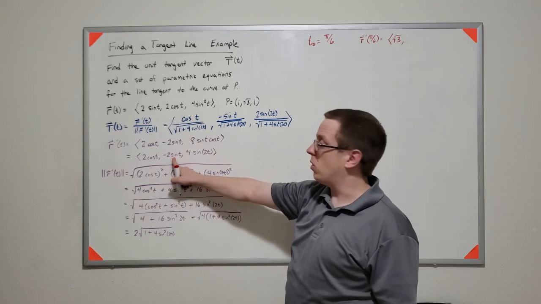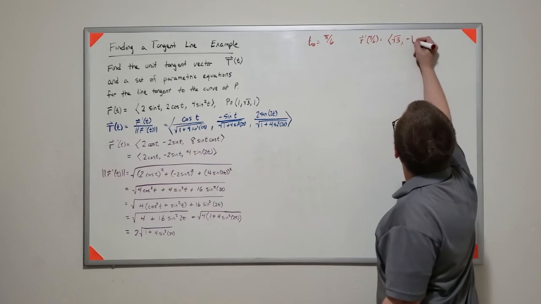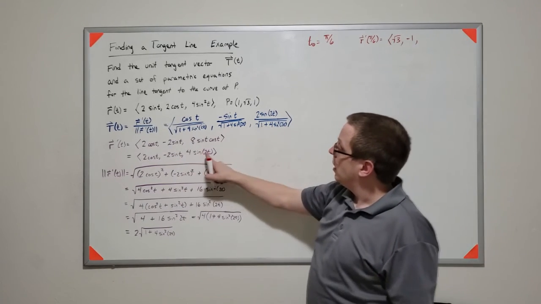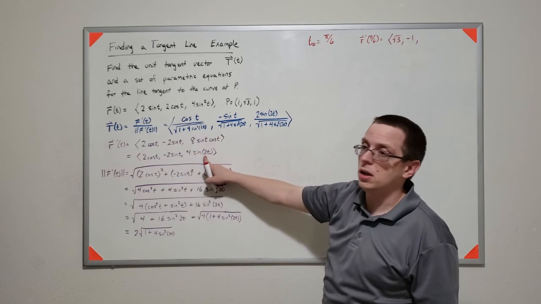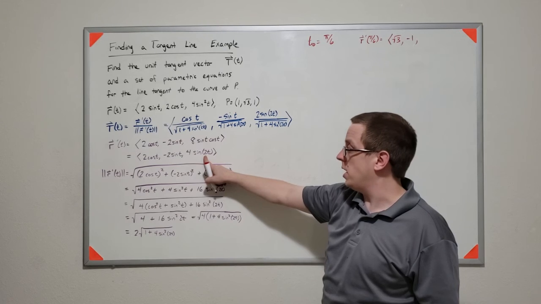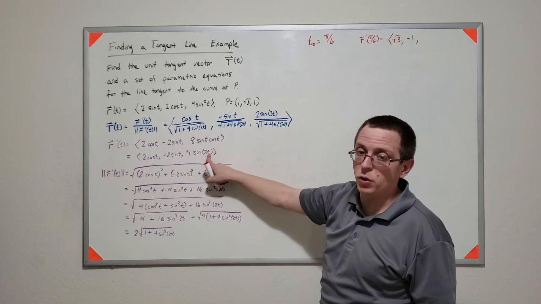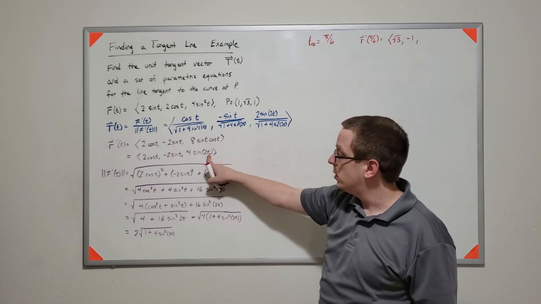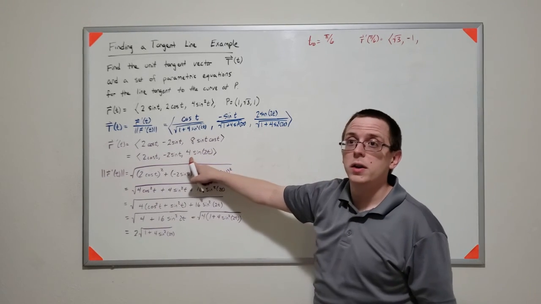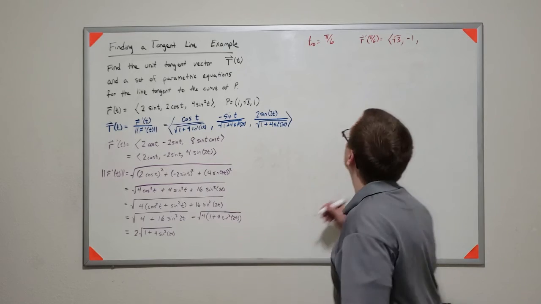Sine of pi over 6 is 1/2 times negative 2 is negative 1. And this is for sine of 2t. If t is pi over 6, 2t is pi over 3. Sine of pi over 3 is the square root of 3 over 2 times 4, which is 2 square root of 3.